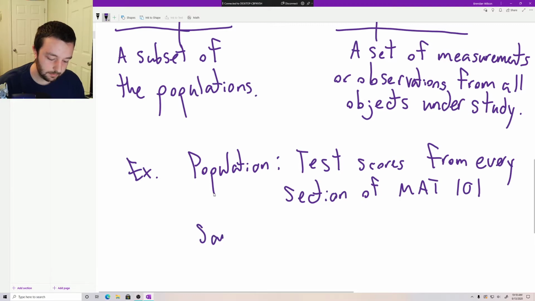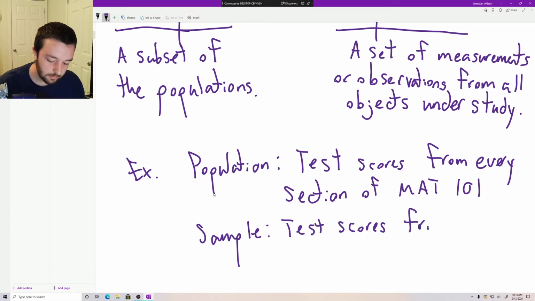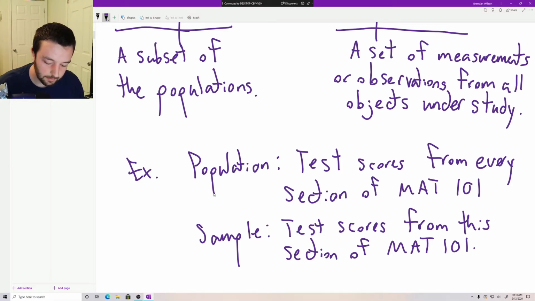Whereas a sample would be the test scores from this section of Math 101. Okay. So population is the entire thing that we could look at. Sample is, okay, this is what we're actually going to look at.